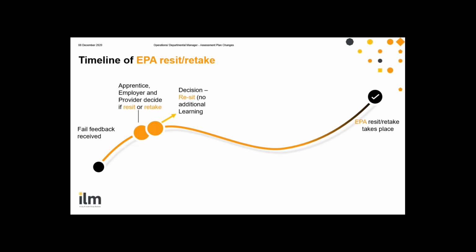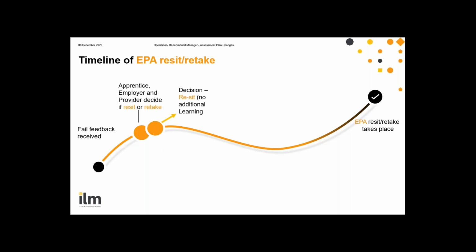So you will need to establish whether the fail is due to a receipt or a retake, and then you will need to let us know which you want to do. And I think that communication will happen through EPA Pro, which my colleague Maurice will tell you a bit more about.